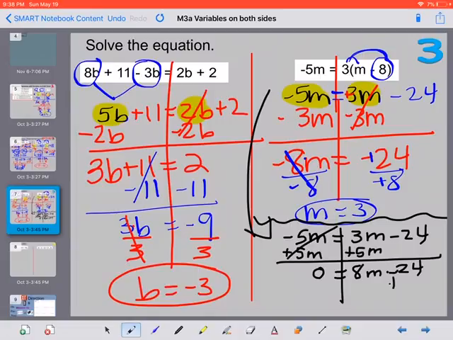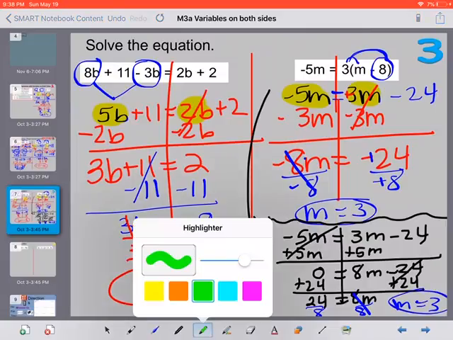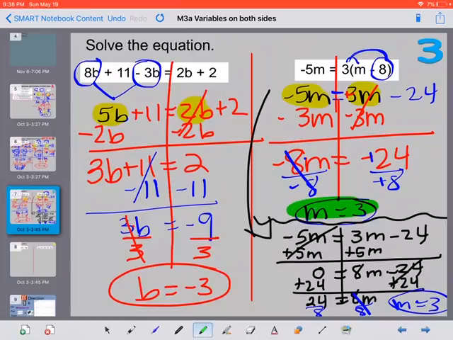Then get rid of that 24 by adding 24. And we'd have 8m equal to 24, just more steps. And then divide by 8, and we would have m equal to 3. We still get the same answer either way. Here and here, we get the same answer.